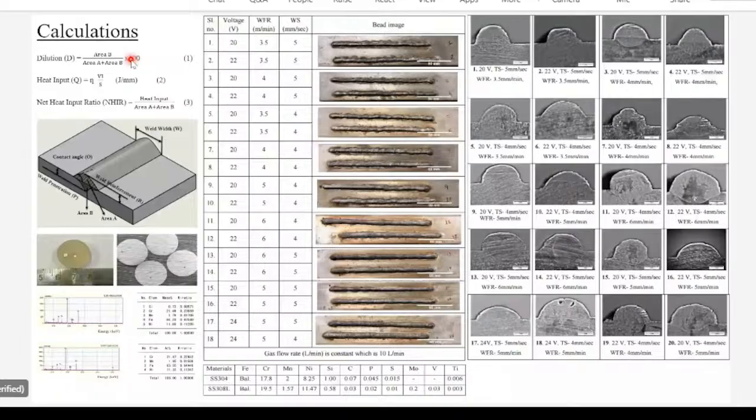It should not be too low either. If the dilution is too low, the penetration is negligible, and you only see the weld bead sitting on the substrate material. That will cause a problem of delamination, where the two layers can delaminate at any time, and that is also not good.